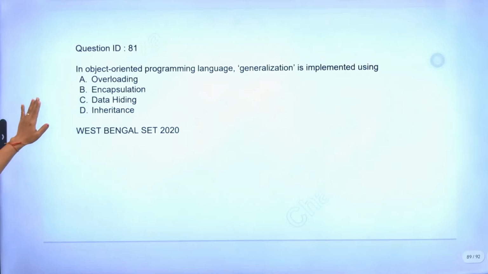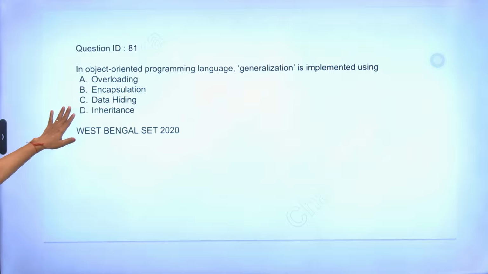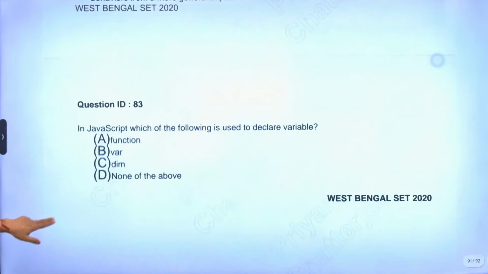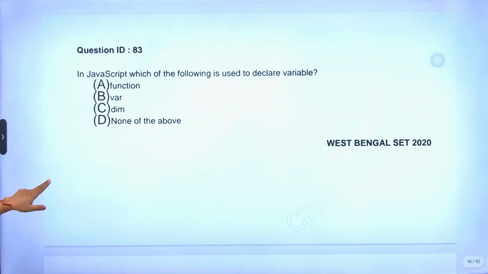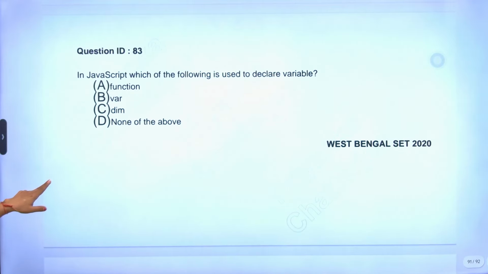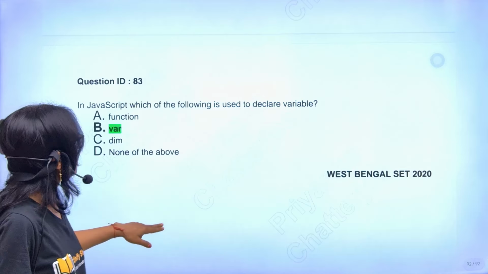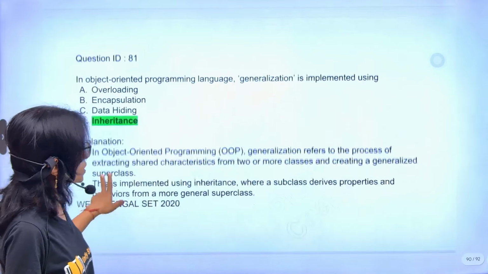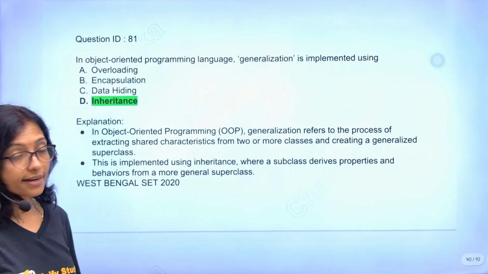Next one. This is already done. Generalization. Same question, that is inheritance. This is JavaScript. Yeah. So all the object-oriented questions end here.